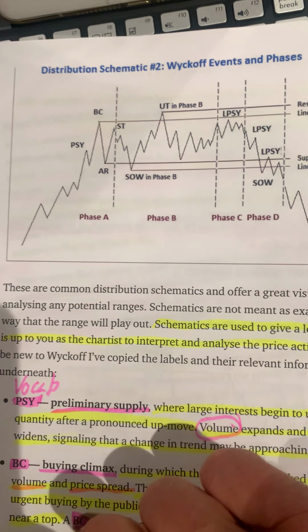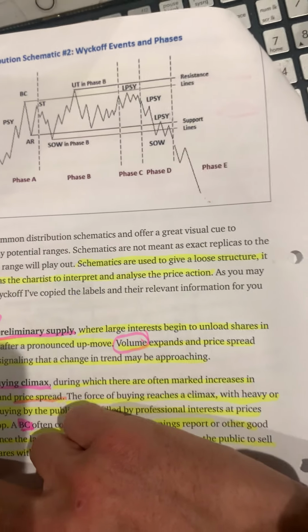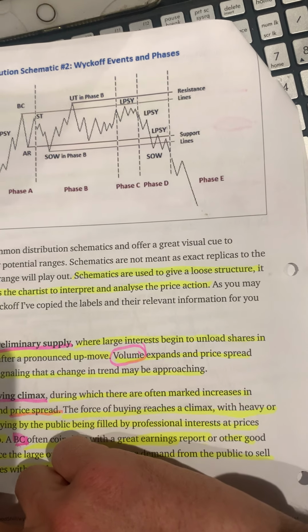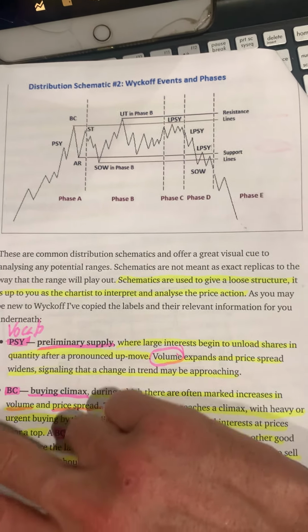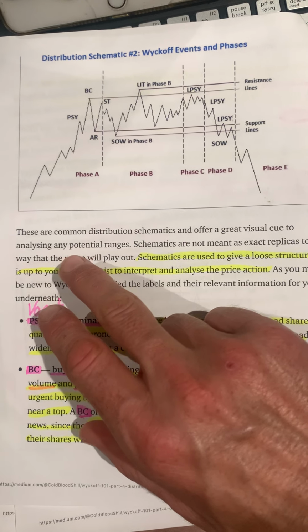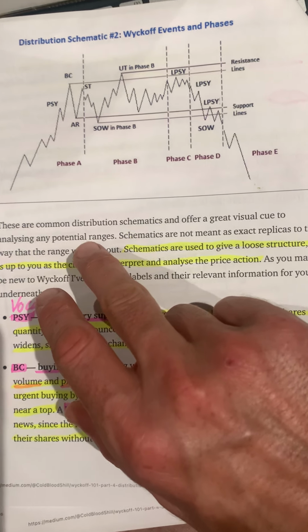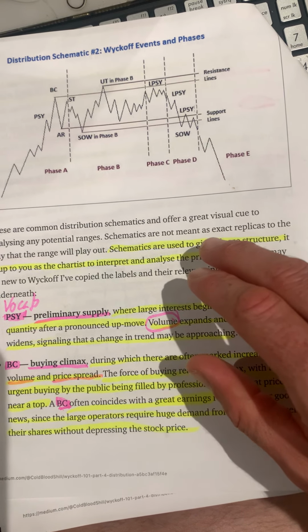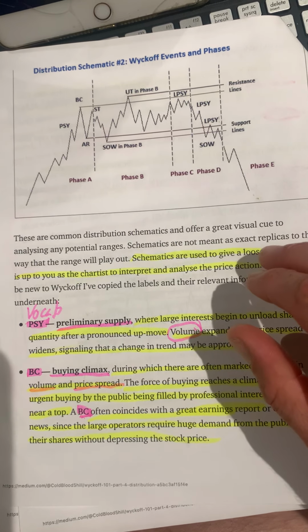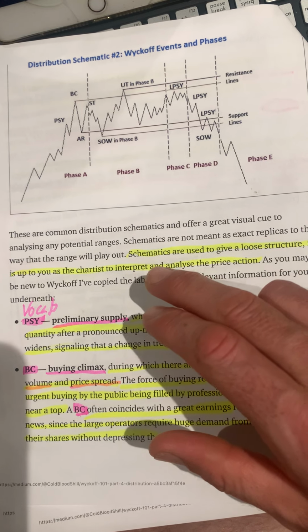There are many common distribution schematics and they offer great visual cues for analyzing any potential ranges. Schematics are not meant as exact replicas of the way the range will play out.